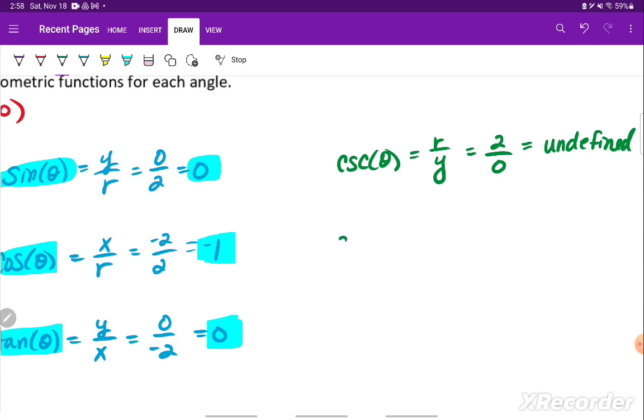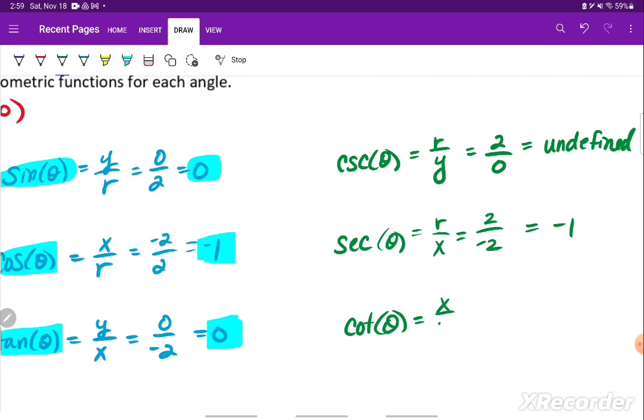Reciprocal of cosine is secant, r over x. So this is 2 over negative 2, which simplifies to be negative 1. Then our last reciprocal one, cotangent, that's x over y. We get negative 2 over 0, which is undefined.